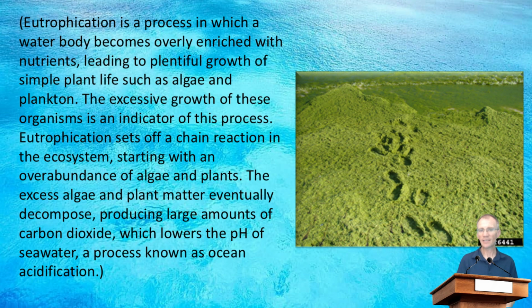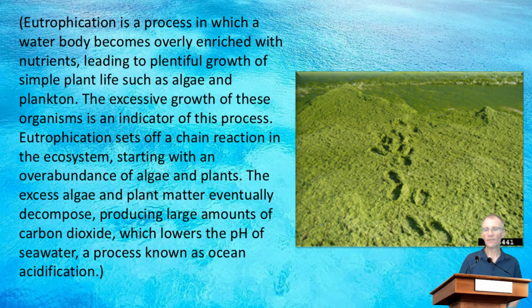Eutrophication is a process in which a water body becomes overly enriched with nutrients, leading to plentiful growth of simple plant life such as algae and plankton. The excessive growth of these organisms is an indicator of this process.